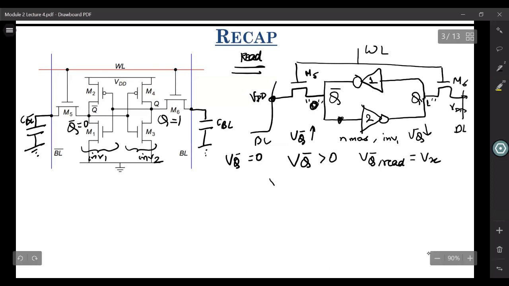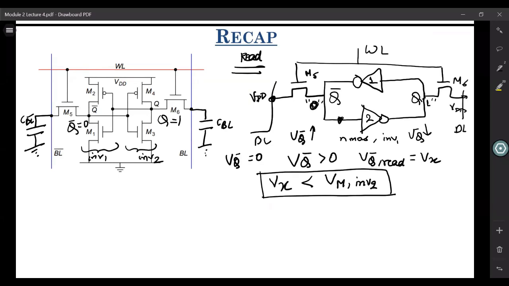So this voltage Vx should not be greater than the Vm of inverter 2. Since we are talking about a matched pair of inverters, we have Vm of inverter 2 equal to Vm of inverter 1. But the condition for non-destructive read, that is the SRAM cell content is not flipped, is just that Vx should be less than Vm of inverter 2.